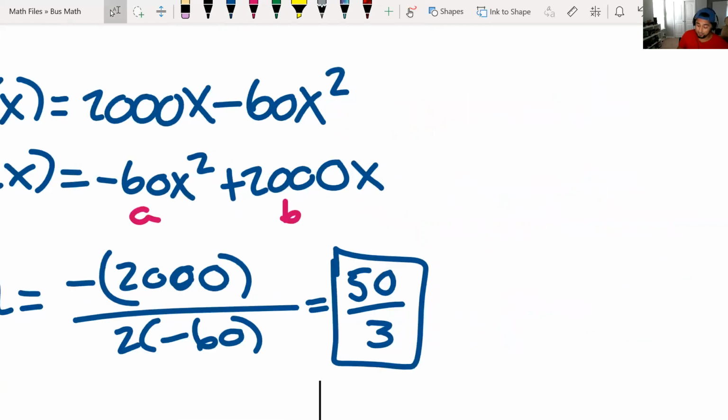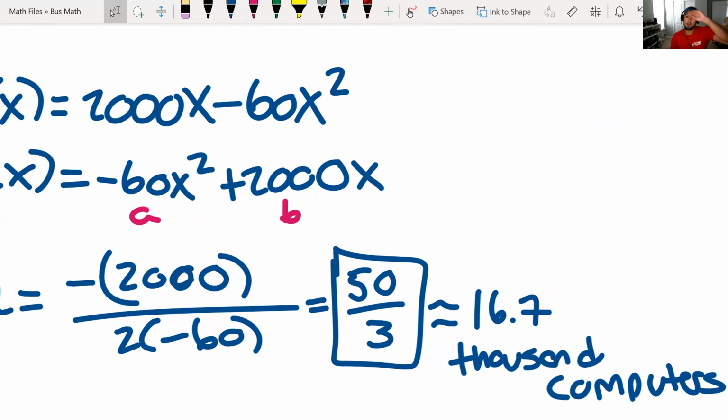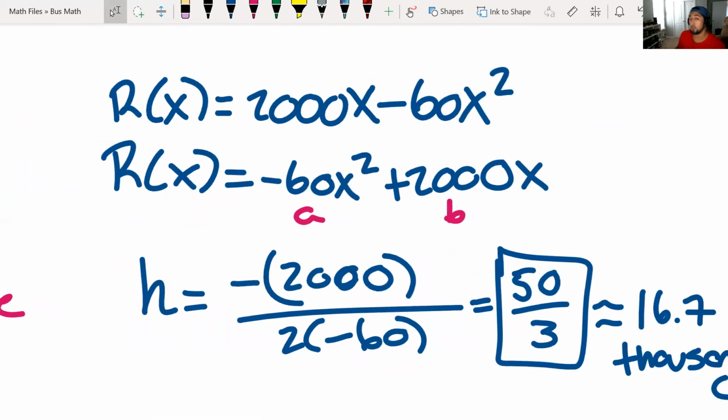So in order to have maximum revenue, we need to make approximately 16.7 or 17,000 computers. Okay, and now take 50 over 3 and plug it into revenue.